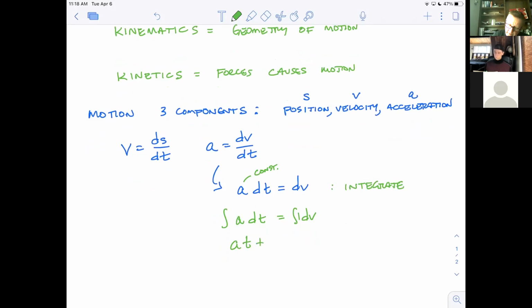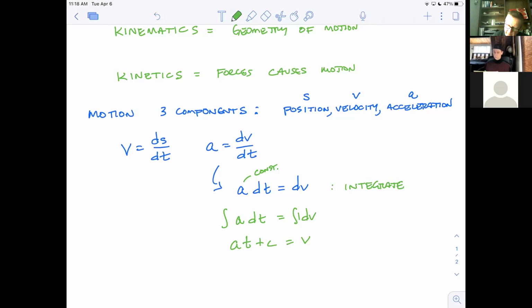And then technically there's a constant added on to that. And if you take the integral of 1 with respect to v, doesn't it just kind of grow a v? And so we just made one of these equations.